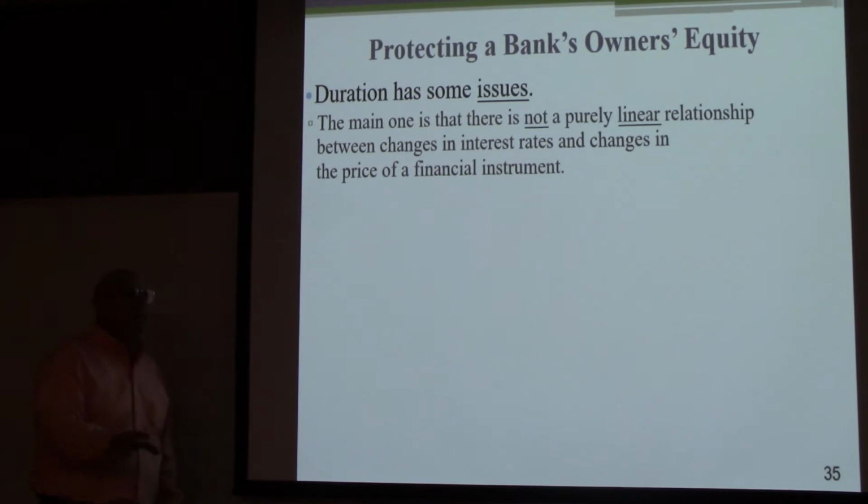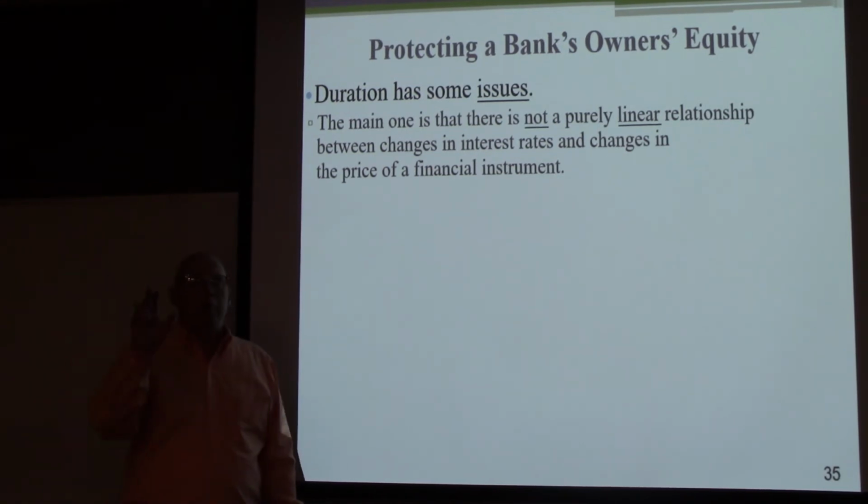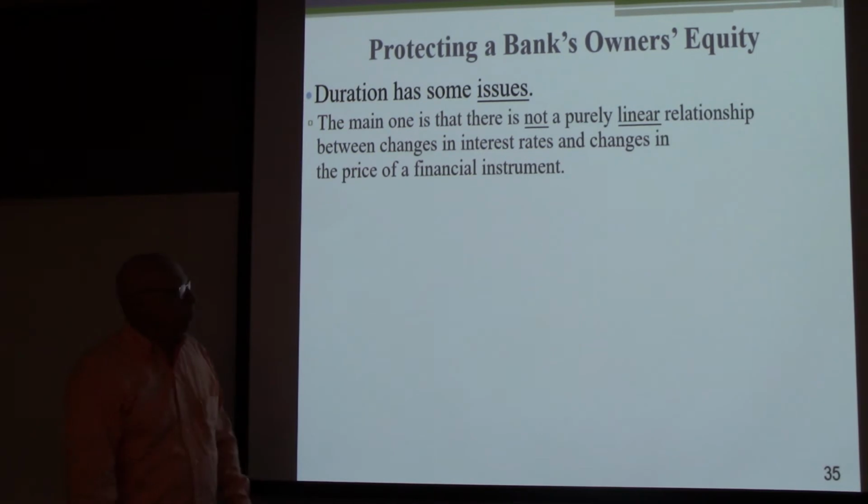We cannot, over the life of a portfolio, forecast perfectly how a portfolio is going to change if interest rates change. Okay? Duration helps us, but duration does not stay steady over the life of a security or a loan.